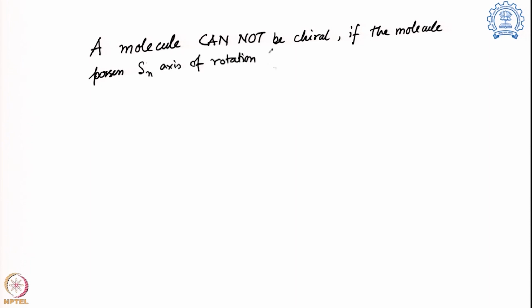This Sn axis of rotation means S1 is sigma, S2 is i, and so on and so forth. So, S1 means sigma plane, S2 means i, so those are covered. So, a molecule cannot be chiral if the molecule has an Sn axis.